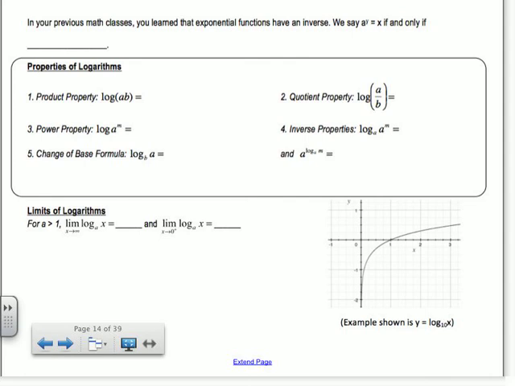All right. So in your previous math classes, you learned that exponential functions have an inverse. We say that a to the y equals x if and only if y equals log base a of x. Do you guys remember how you would solve for this?